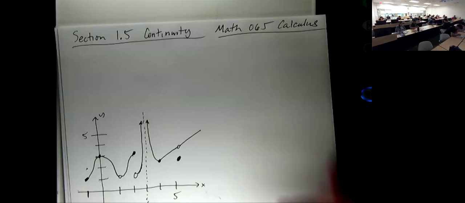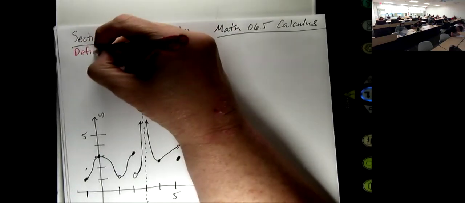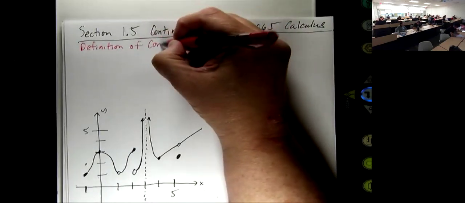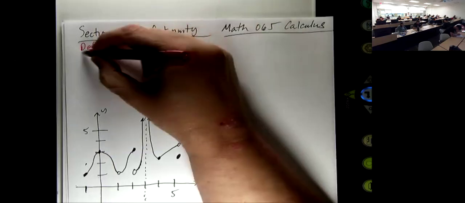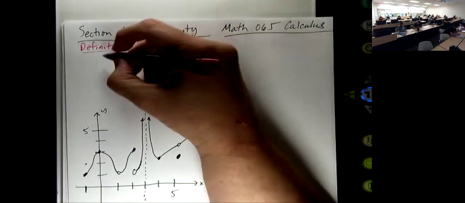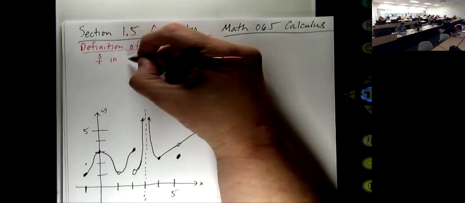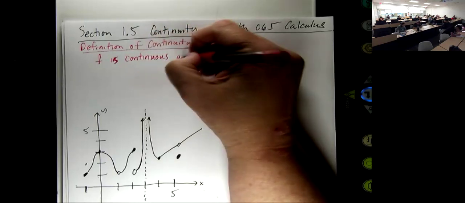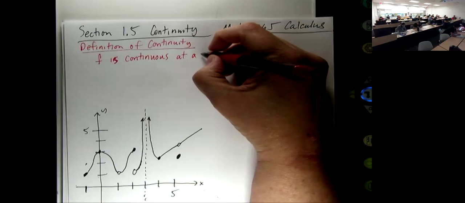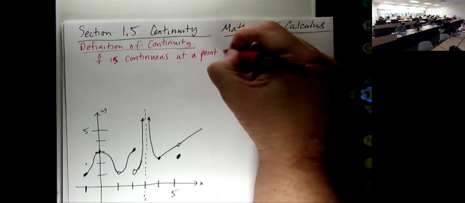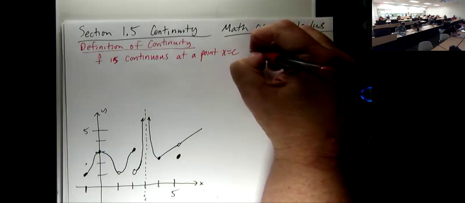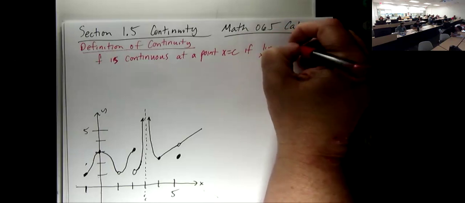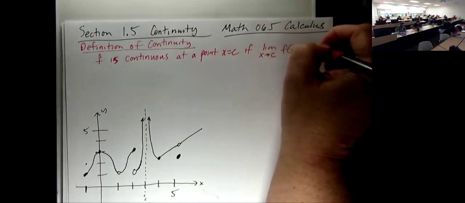So, definition of continuity. f is continuous at a point x equals c if the limit as x approaches c of f of x equals f of c.